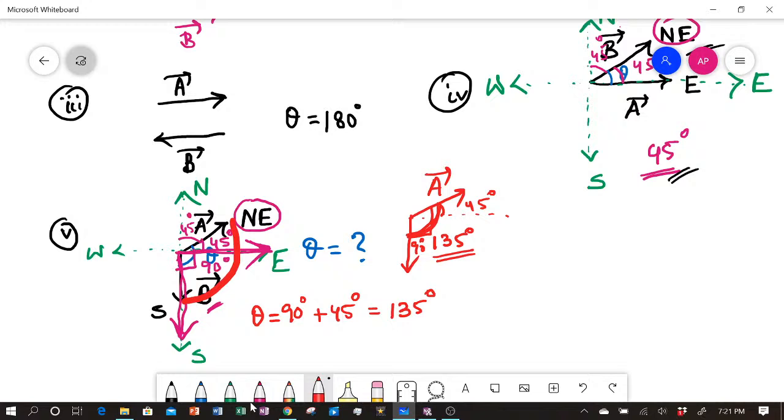Okay. Ravi Shankar's answer is because angle between south and east is 90 degree. Yeah, and you had to calculate the angle between east and A vector as 45 degree. It was not 30 degree, right? So it is 135 degree.